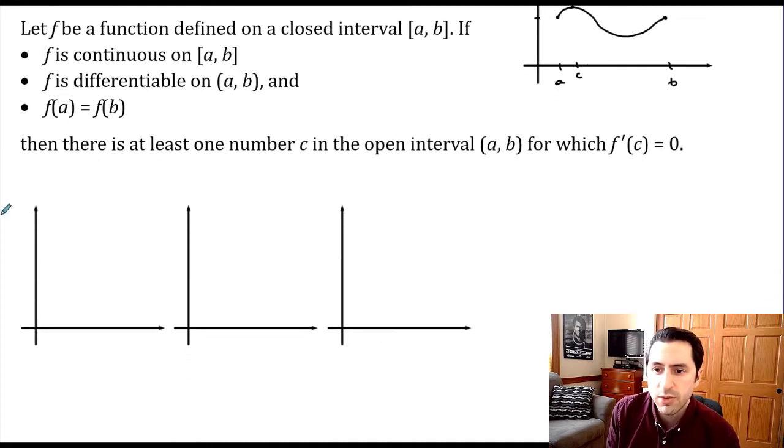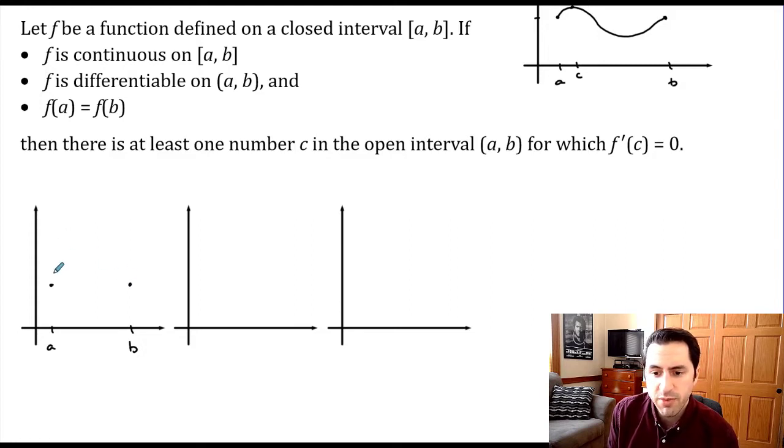So in each case, I want to show you just when one of our conditions isn't met. So again, let's start off with our two endpoints a and b. So in this first one, let's say our function isn't continuous. Well, a and b still have to have the same y value, but now our function isn't continuous.